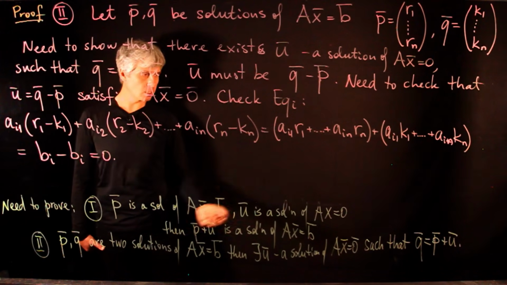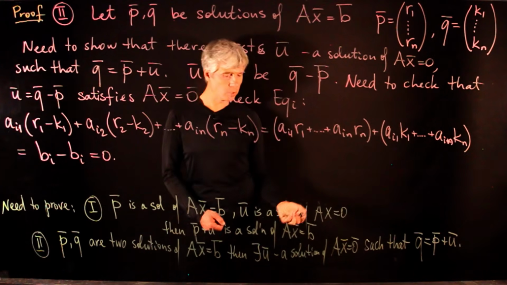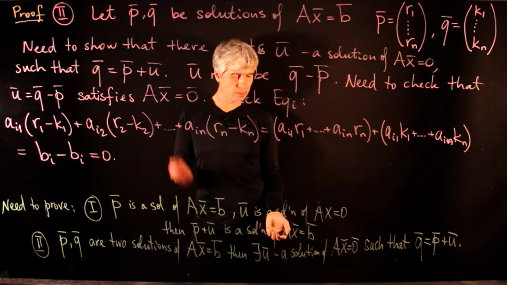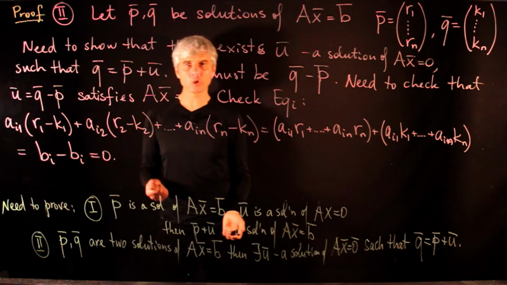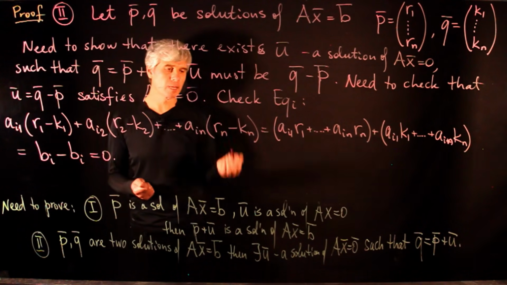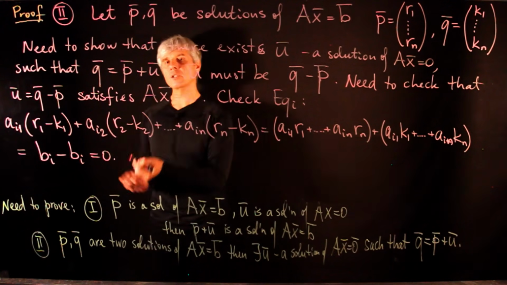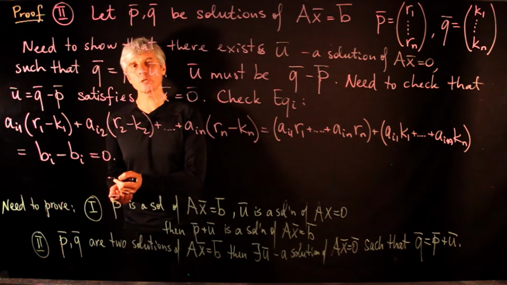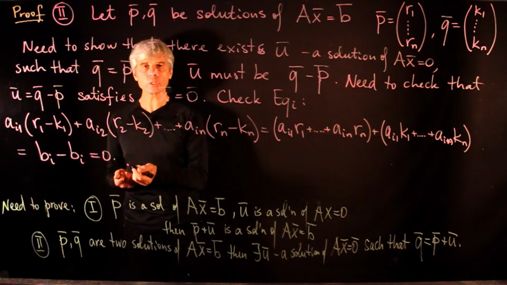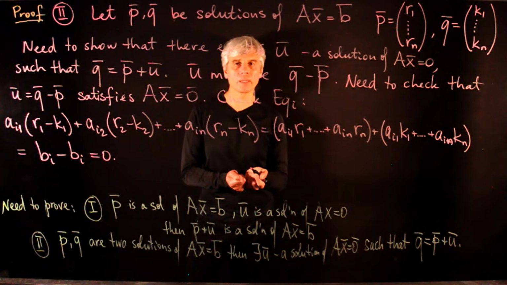And so here we proved part 2. So as a result, we've shown that if we take a particular solution of a non-homogeneous system and any solution of a homogeneous system, we will get a new solution of the same non-homogeneous system. And all solutions of a non-homogeneous system are obtained in this way.